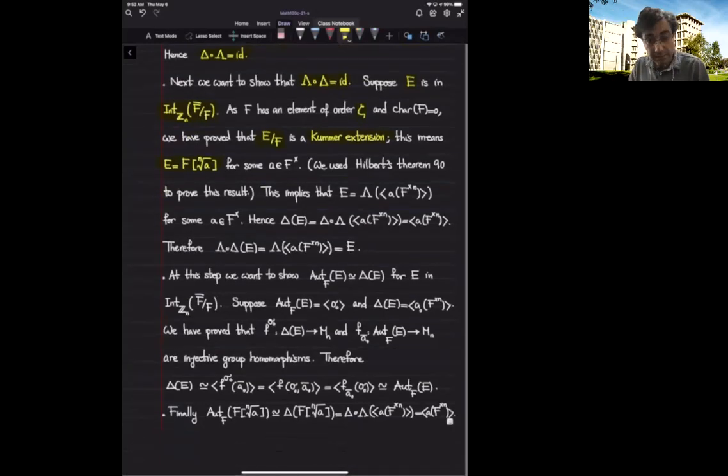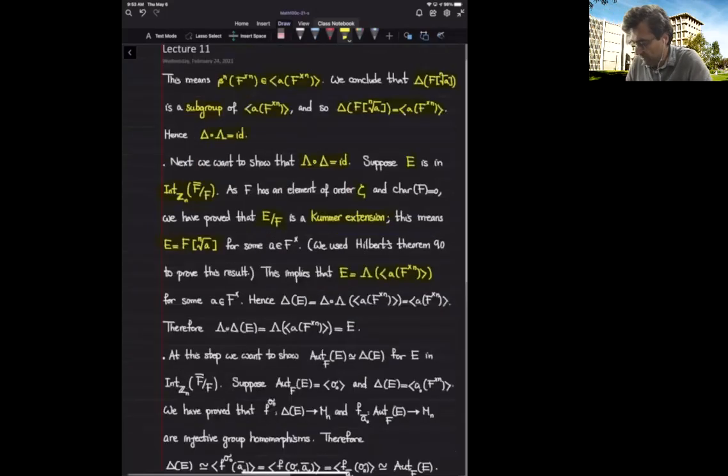What does that mean? This means this field extension is in the image of lambda. Essentially, what we have argued right now is that lambda is a surjective map. So everything is in the image. You see, now this together with the previous result immediately gives us the other way around.